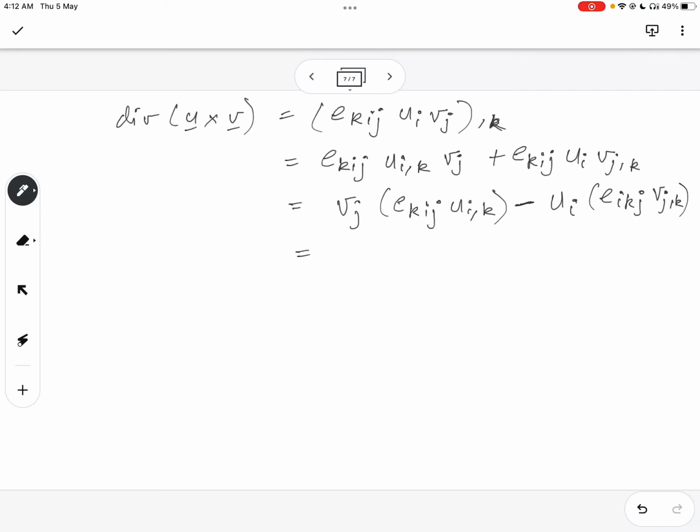Here the only free index is j, and here the only free index is i, and this is nothing but curl of U, and this is nothing but curl of V. So this becomes V dot curl of U minus U dot curl of V.